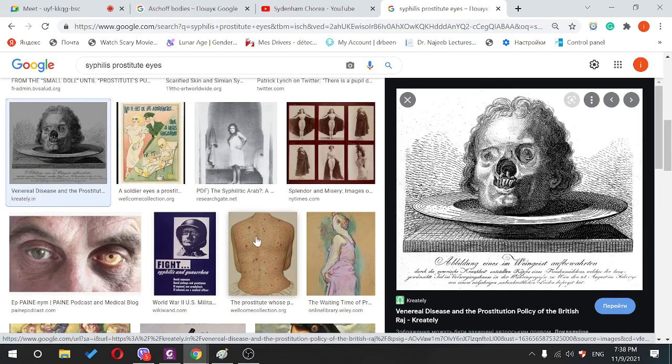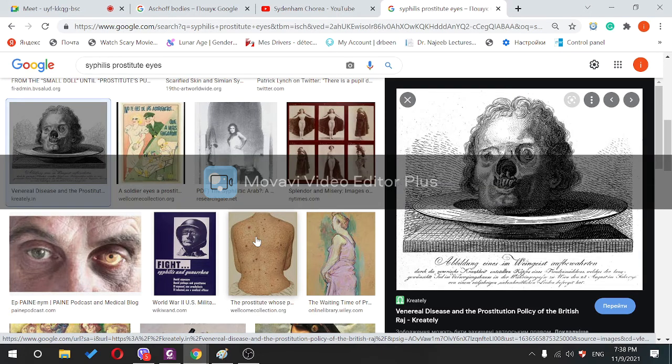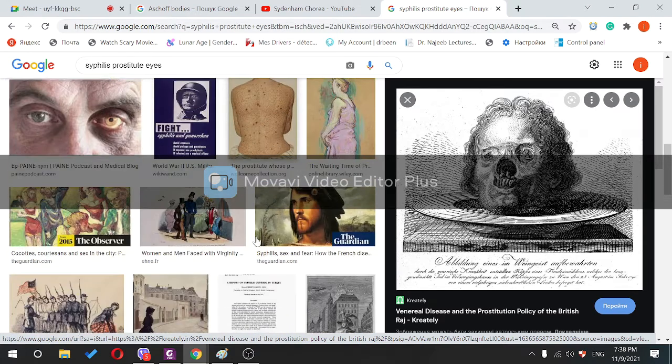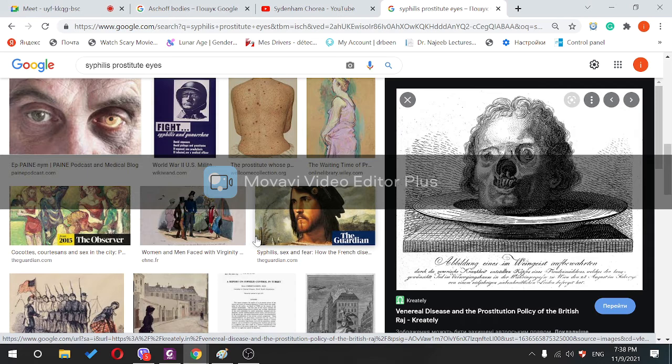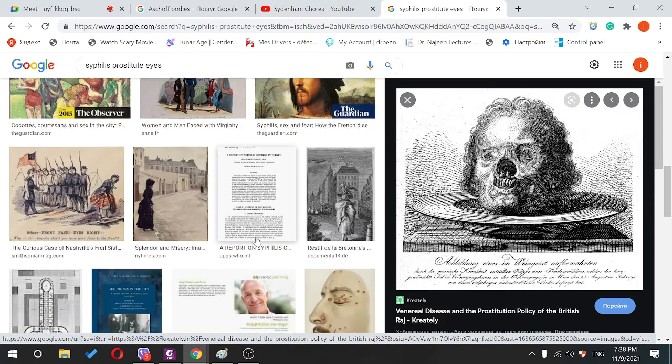Their pupils, also called Argyll Robertson pupils. When you try to do accommodation, like you put a structure in front of them and bring it closer to their eye, the pupils will constrict, no problem. But if you put a flashlight on their face, they will not constrict, okay?